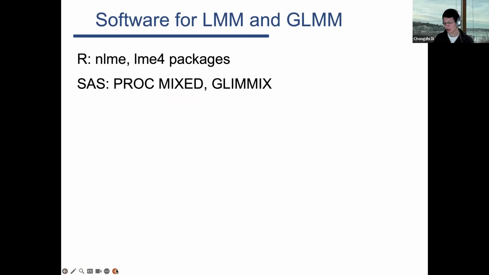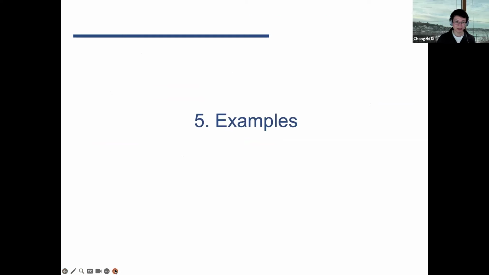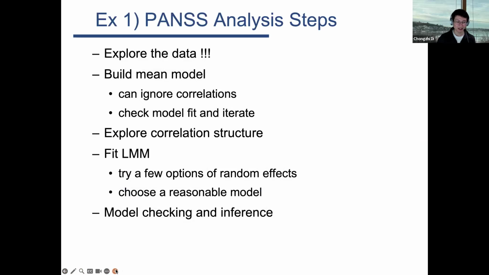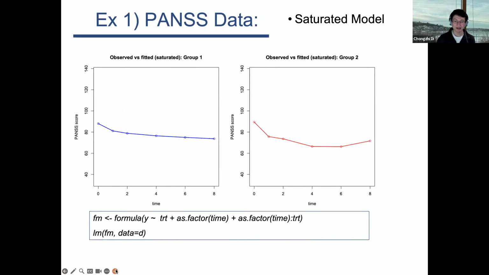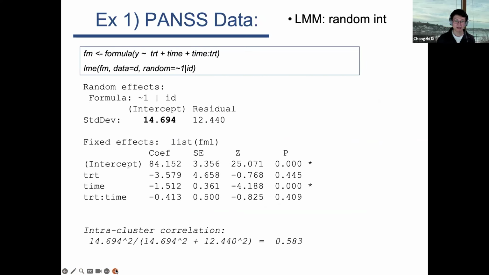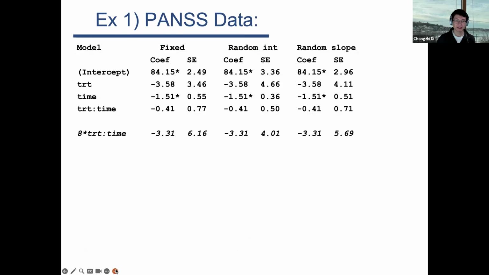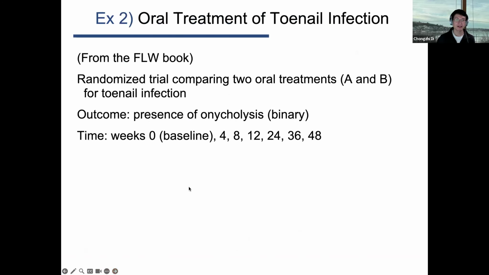For the rest of the time, I hope to go through another data example to illustrate how we actually analyze data from a real example. This example is again from a randomized trial. The data is from the second book, called Applied Longitudinal Analysis. It's a randomized trial comparing two treatments, A and B, for toenail infection.